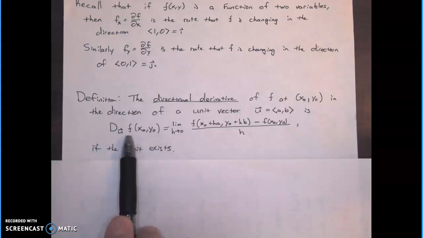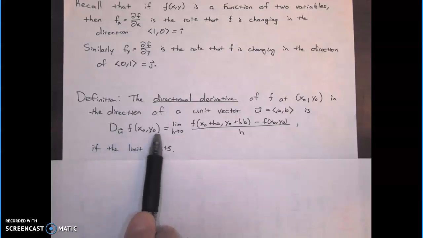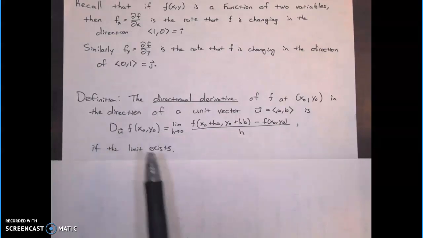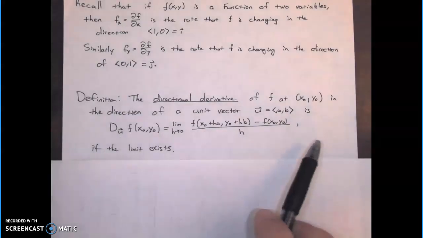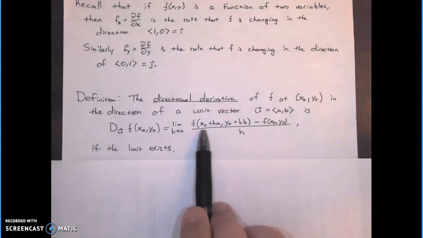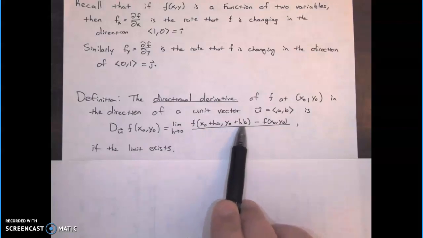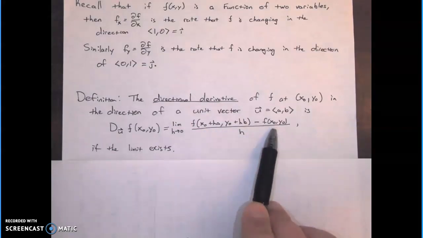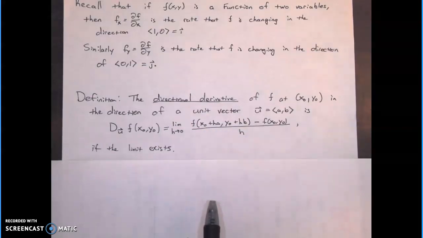That's the directional derivative of f at the point x naught y naught in the direction of u, and it's defined as the limit of f of x naught plus ha, y naught plus hb, minus f of x naught y naught, over h as h goes to 0, if that limit exists.